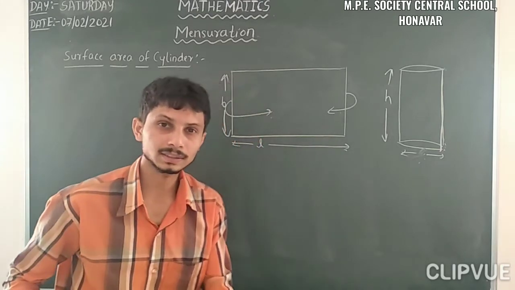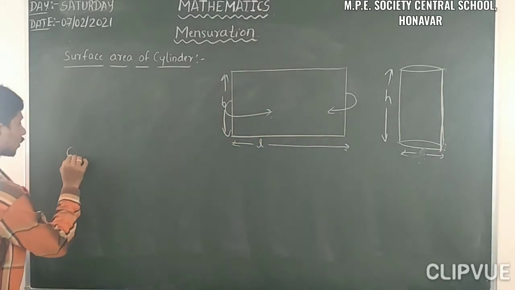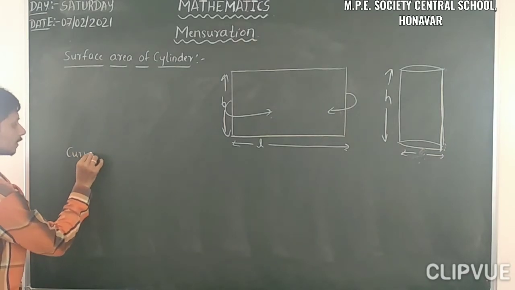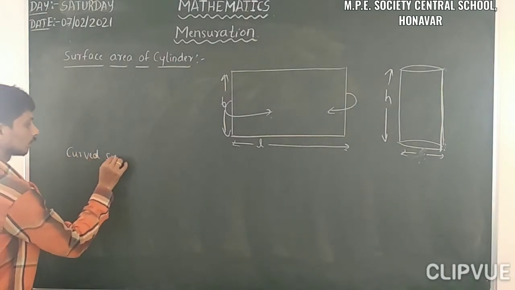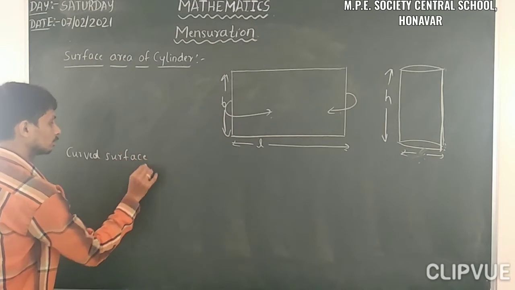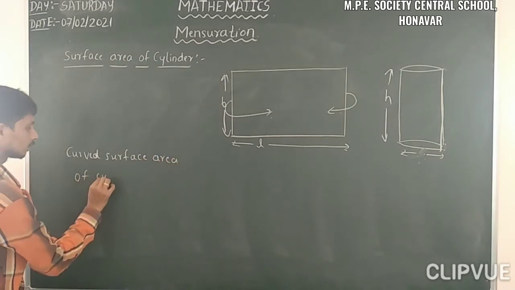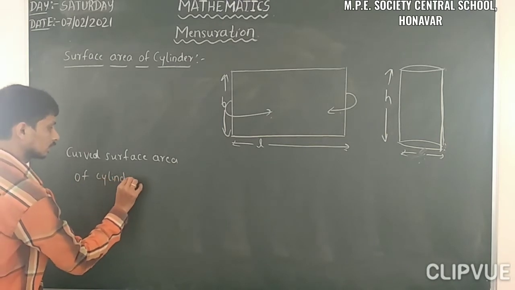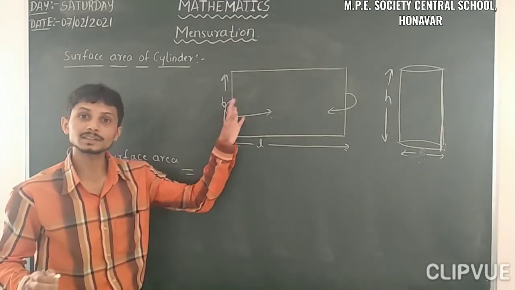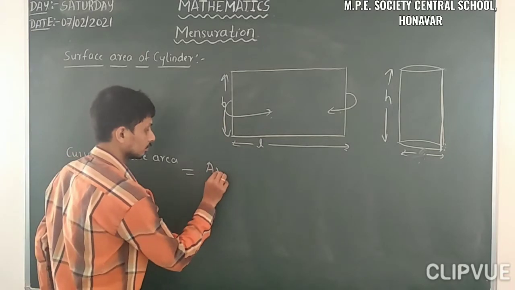That is, the curved surface area of the cylinder is nothing but the area of a rectangle.